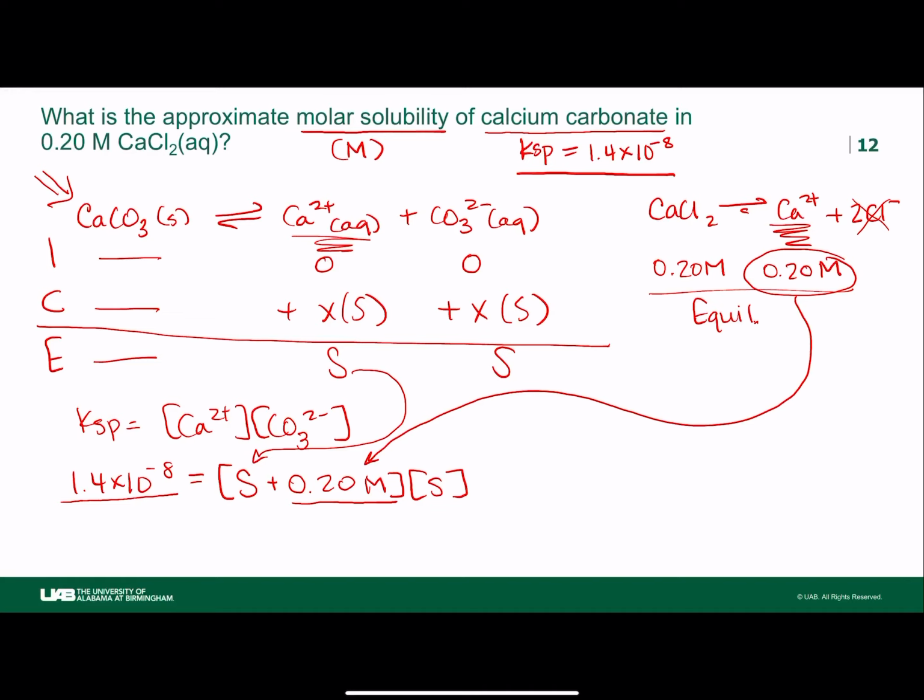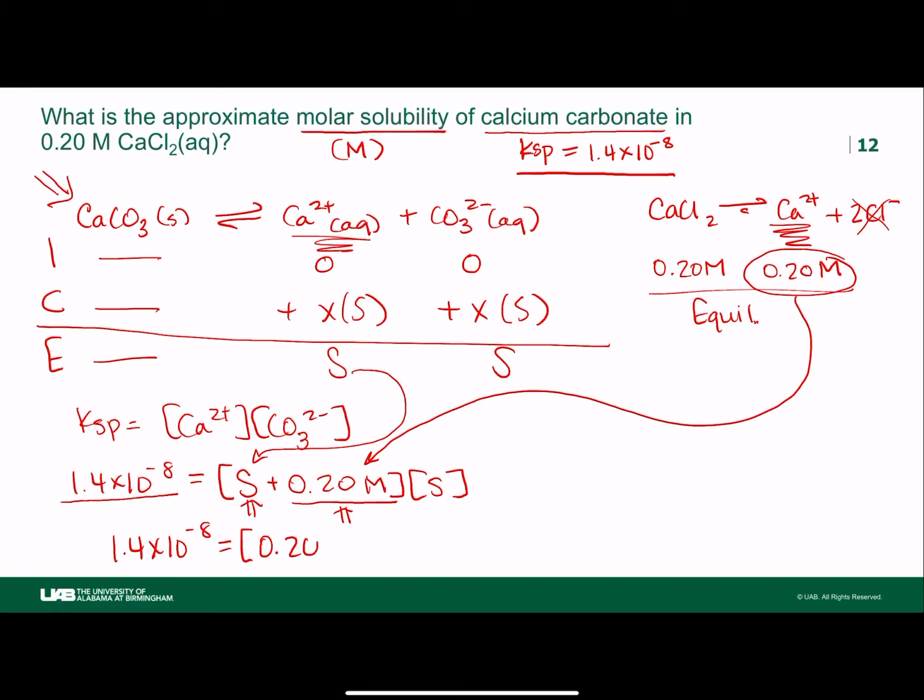That 5% rule said that if the quantity I'm solving for, in this case S, is much, much smaller than the quantity I'm starting with, in this case 0.2, then I can probably just drop that S and simplify my algebra. And so I'm going to do that here.